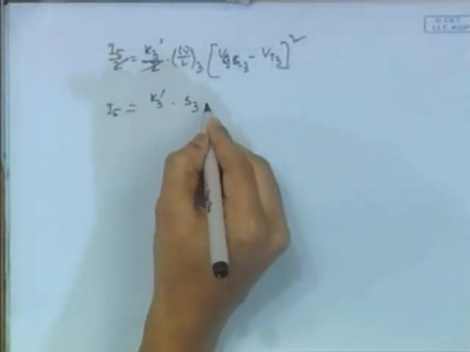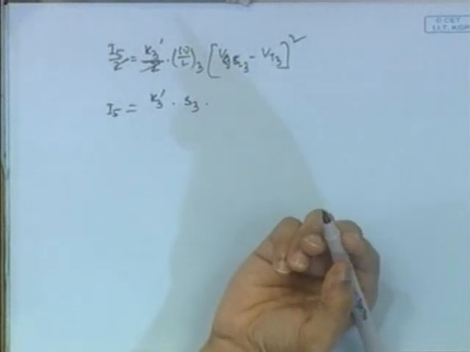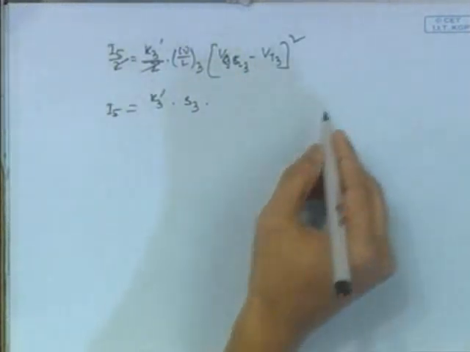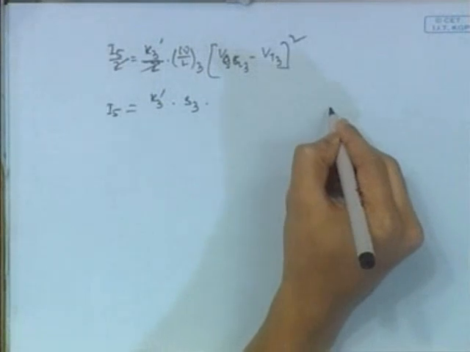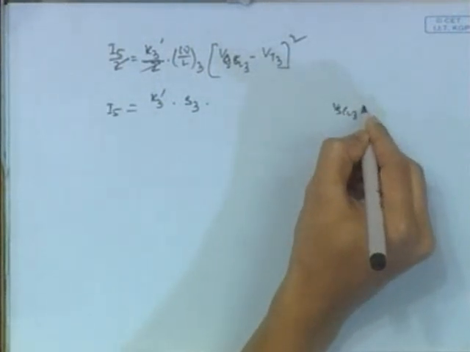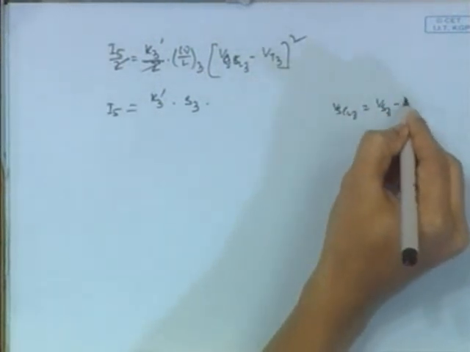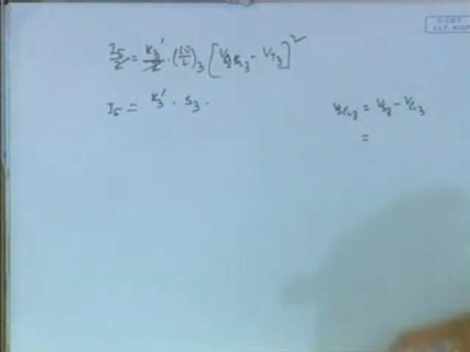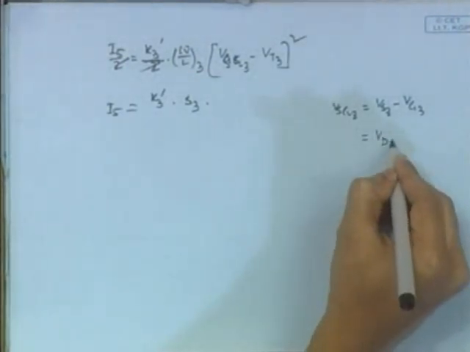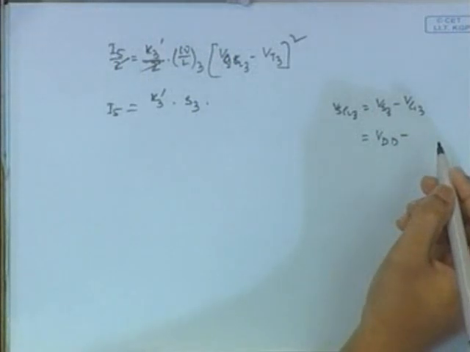Now what is VSG3? VSG3 means VS3 minus VG3, the source voltage of the third transistor minus the gate voltage of the third transistor. Source voltage is basically VDD. What is the gate voltage?